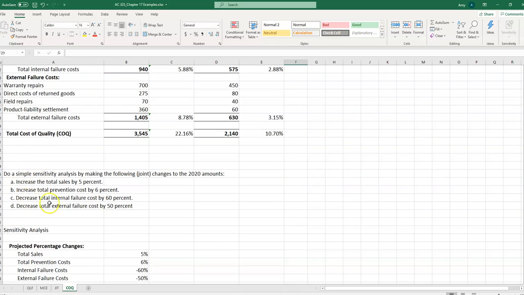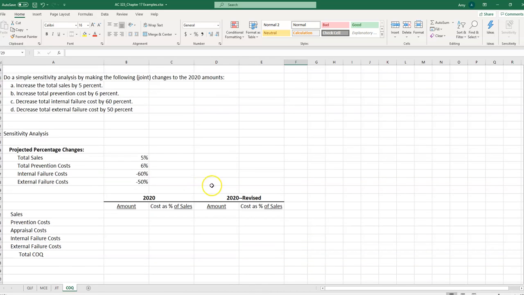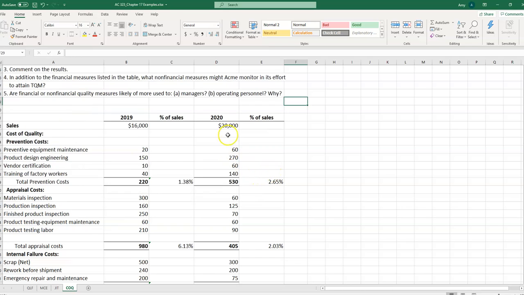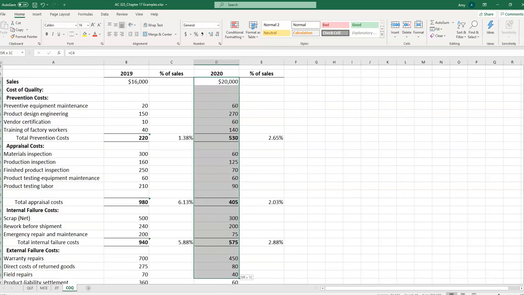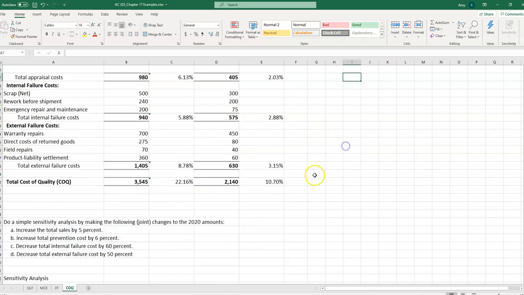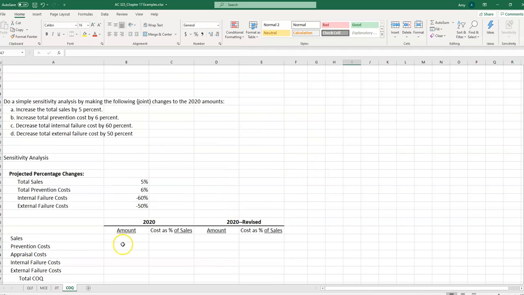If we were going to do this sensitivity analysis, we would look at the 2020 amounts. So this is our information here for 2020. What are our total amounts?